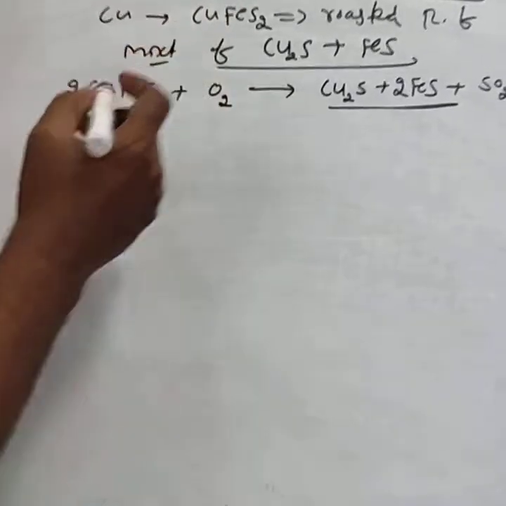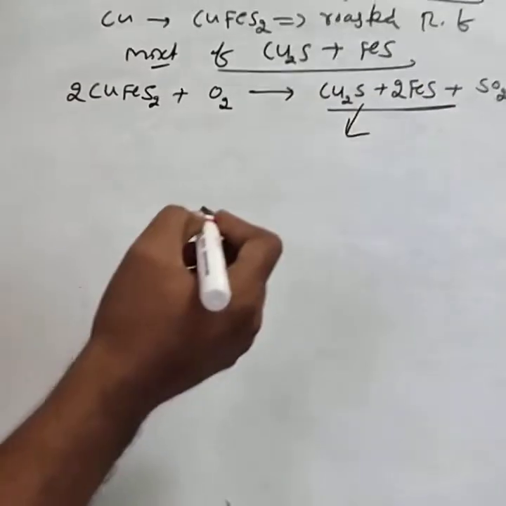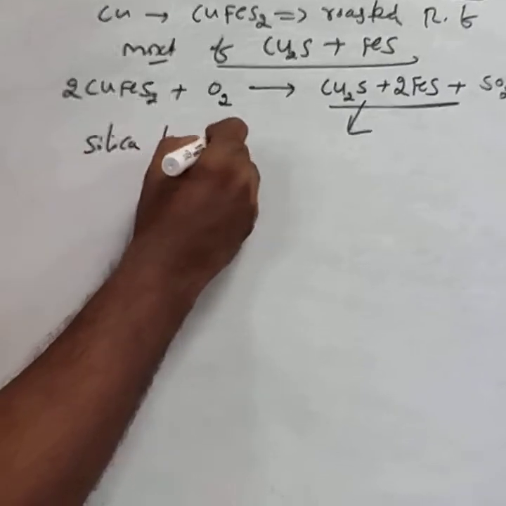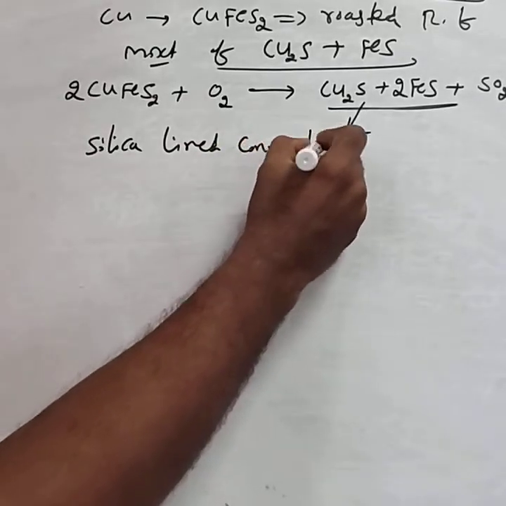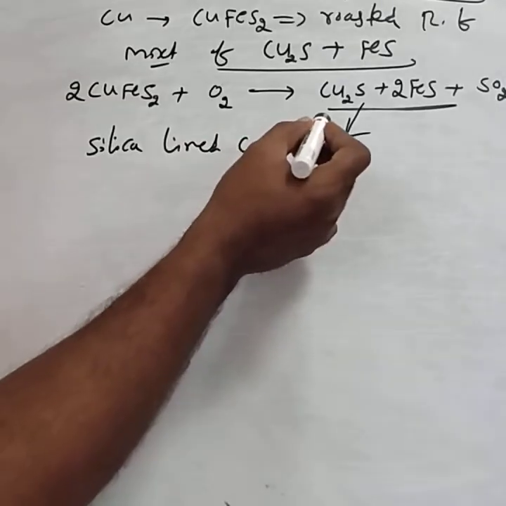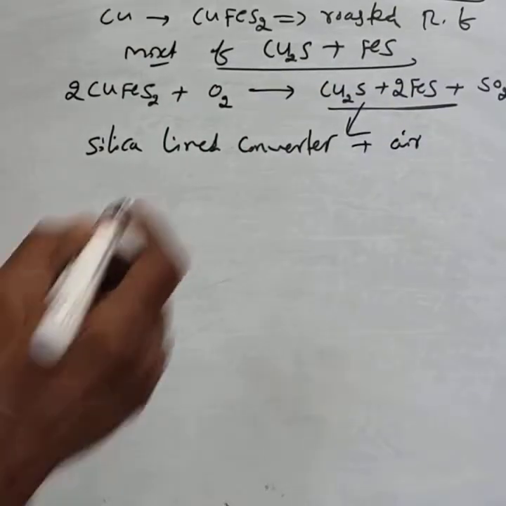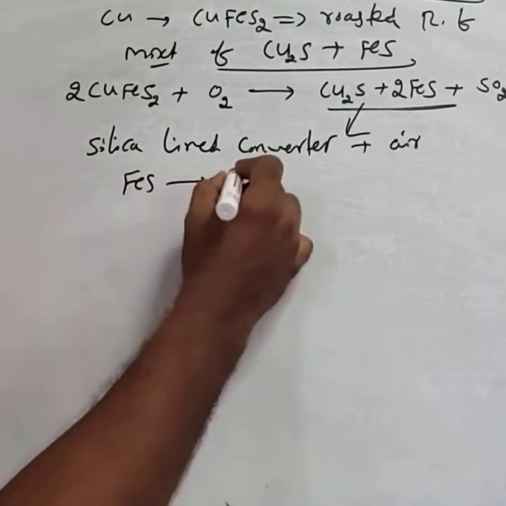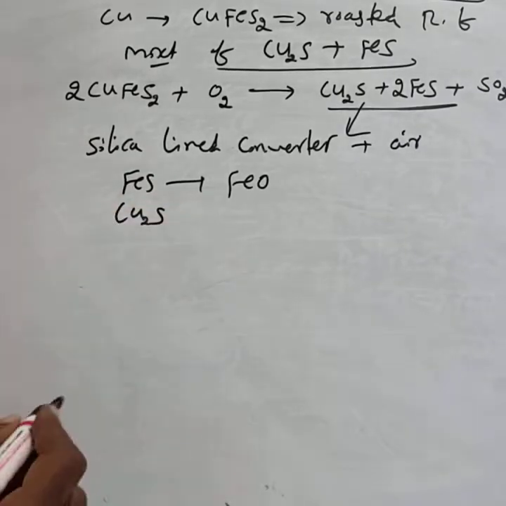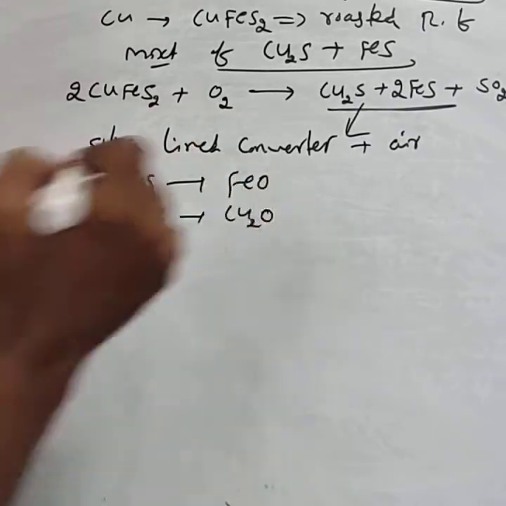In the actual process, this mixture is added into a silica-lined converter and hot air is blown. FeS is oxidized to FeO, and traces of FeS as well as Cu2S are oxidized to FeO and Cu2O.